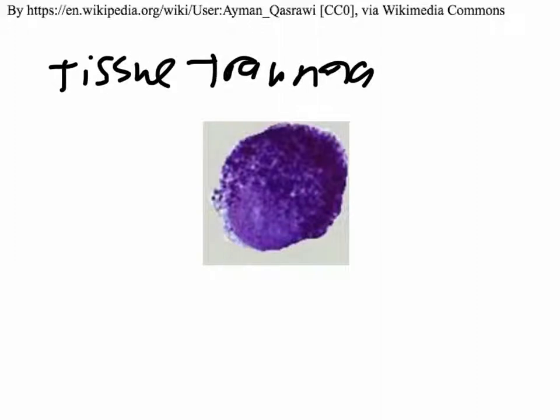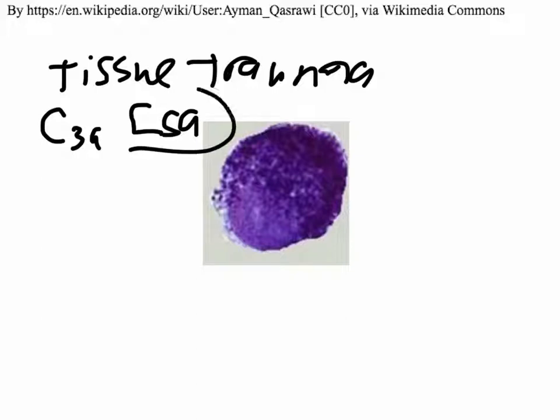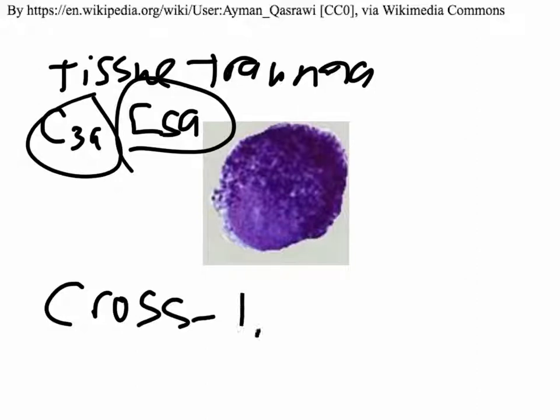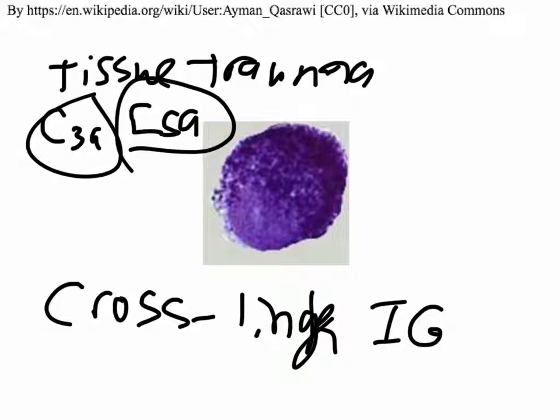The second thing would be C3a and C5a. So that's complement. And then also the cross-linking of IgE. If you remember the IgE, let me make this a little bit clearer.